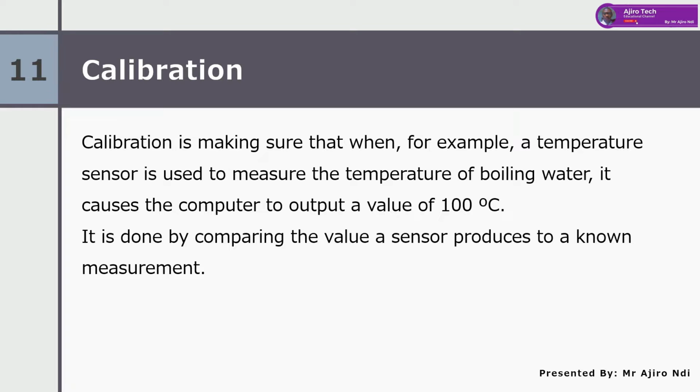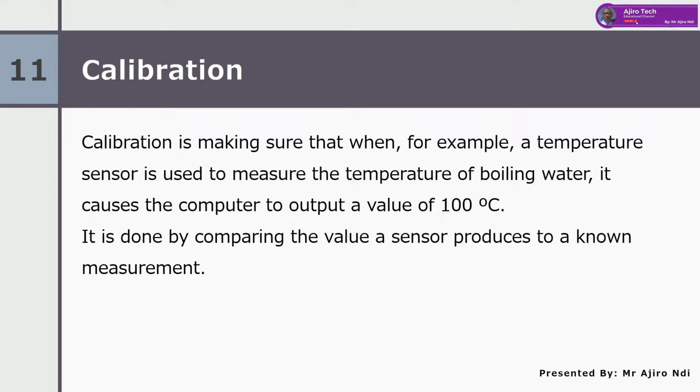Calibrated. Calibration is making sure that when, for example, a temperature sensor is used to measure the temperature of boiling water, it causes the computer to output a value of what? 100 degrees Celsius. This is done by comparing the value a sensor produces to a known measurement.